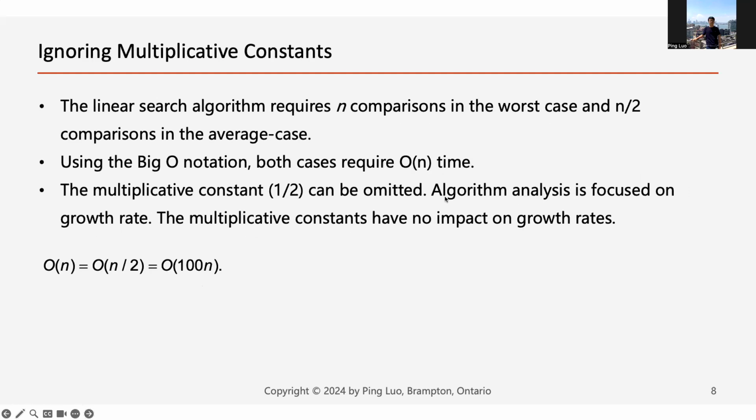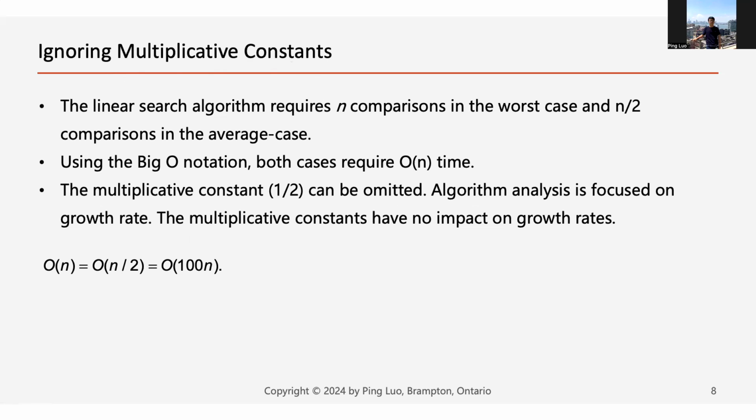So to determine the Big O, the order of magnitude, there are two things we need to remember. We can ignore multiplicative constants. For example, for linear search, on average it needs n divided by 2 operations to identify that number, but we can basically just remove this 0.5.